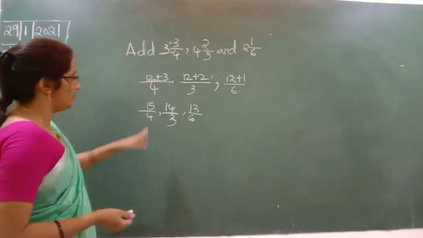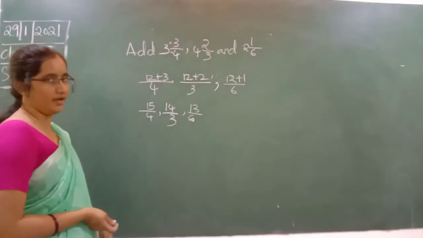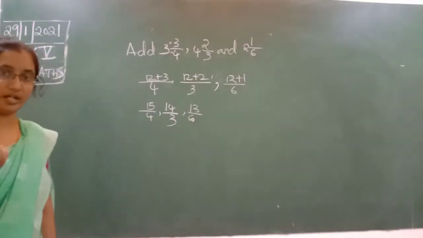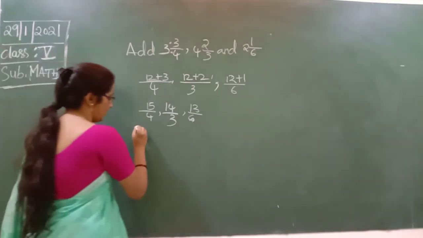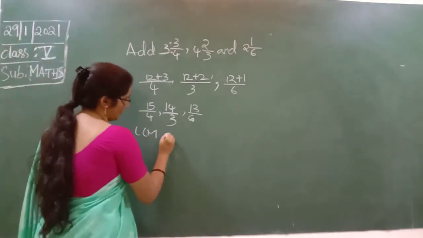These are improper fractions, that is, unlike fractions. Now convert unlike fractions into like fractions by taking the LCM of denominators.